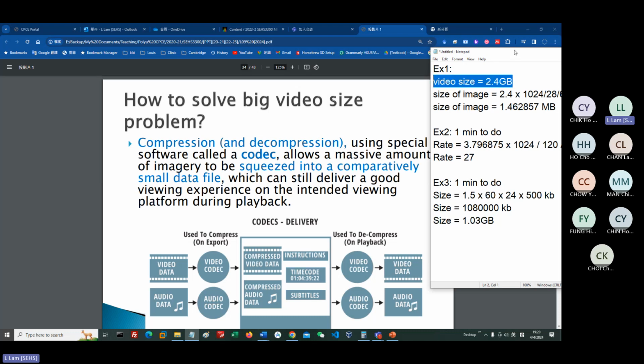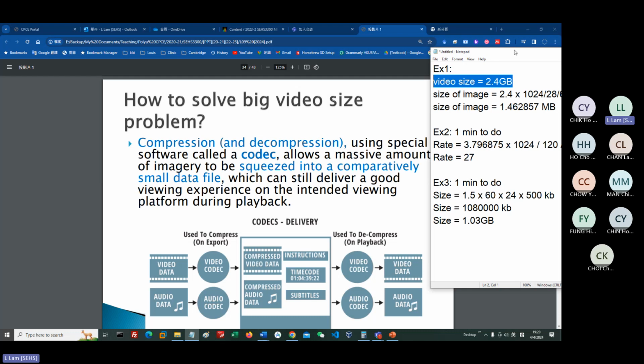Even though we are having the high-speed internet network using fiber optics, if the video is so big for 1 to 2 minutes, it would be a disaster, or it would be impossible for us to download the entire video.